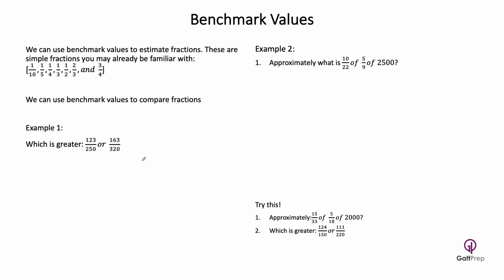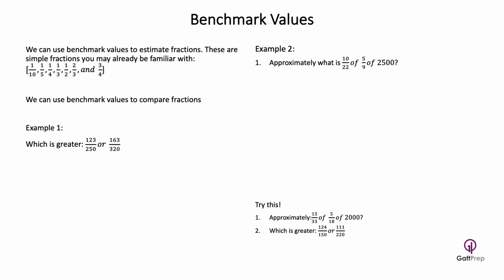There is a different technique. If we recognize that 123 is less than half of 250 and 163 is more than half of 320, we will save ourselves a lot of cumbersome computation.